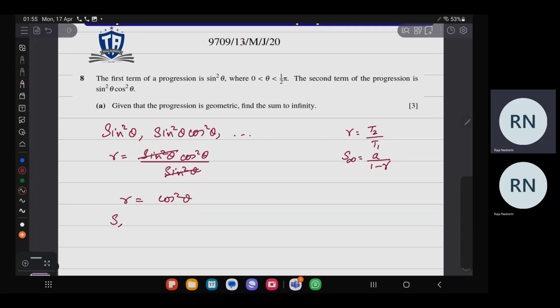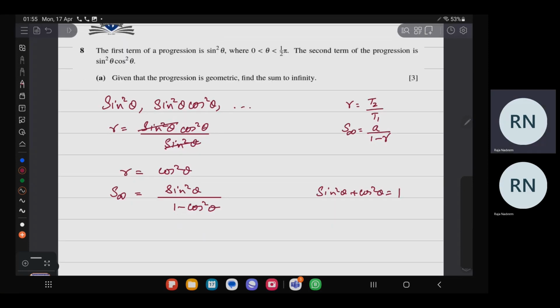Next is the sum to infinity. The value of A is sine square theta divided by 1 minus R, and we have the value of R, which is cos square theta. Here we use the basic trigonometrical identity: sine square theta plus cos square theta is equal to 1.